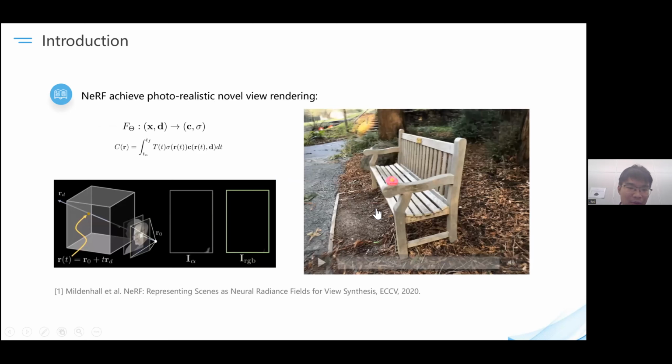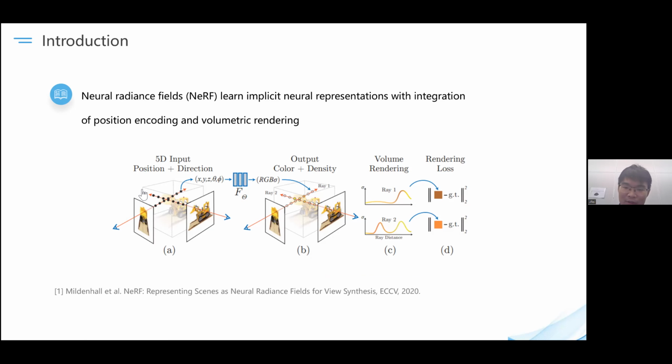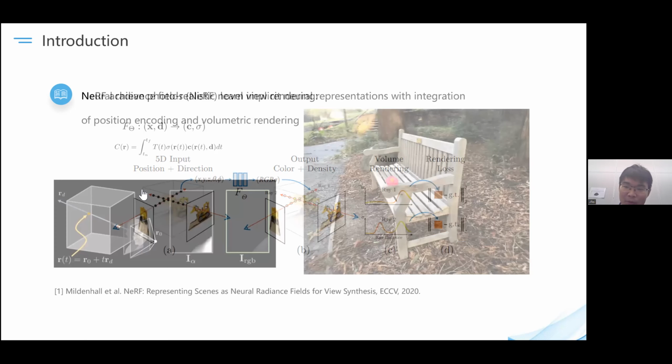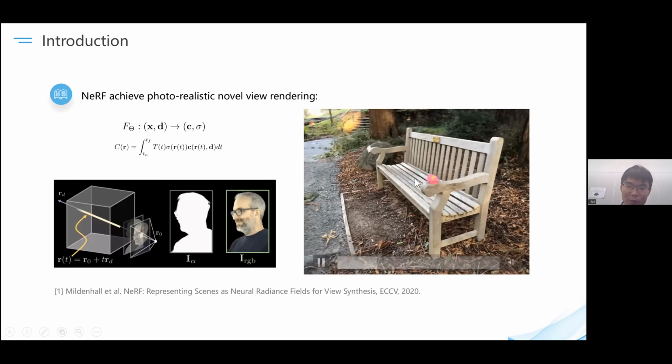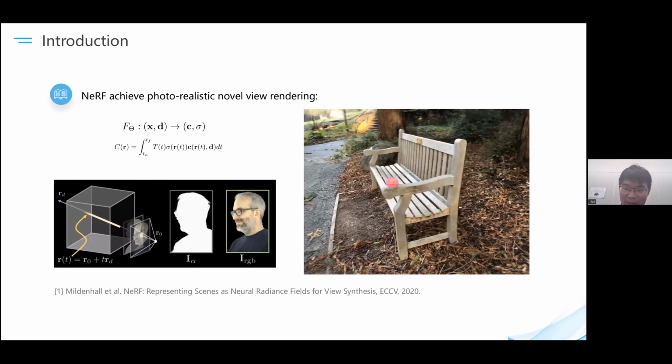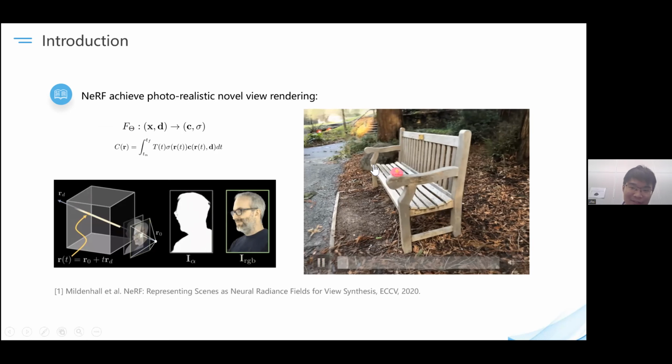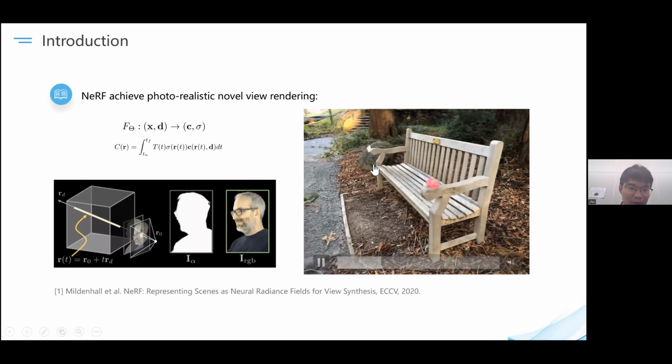And this is the result for NeRF. For example, with NeRF, you can do novel view rendering. You can see it's very high quality and very photorealistic. So it's way better than the existing methods at that time. So that's why it became so popular.